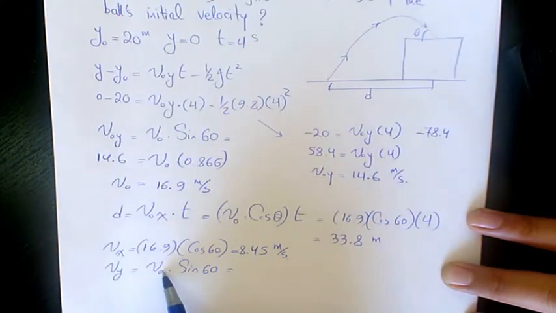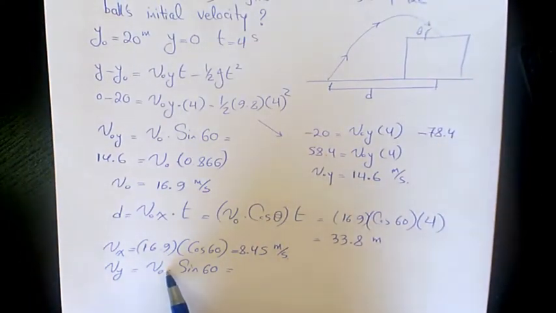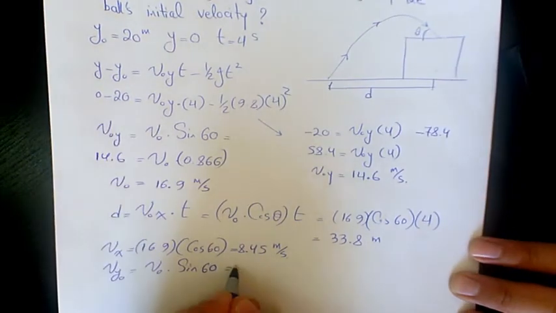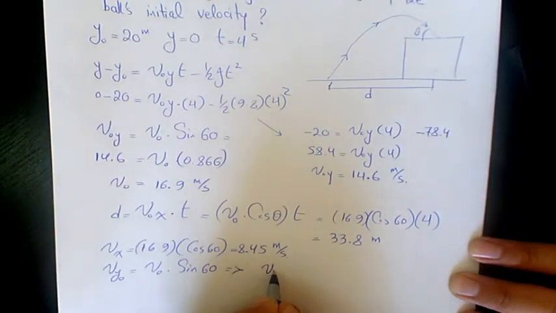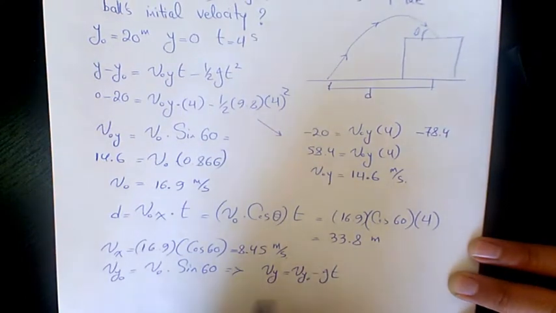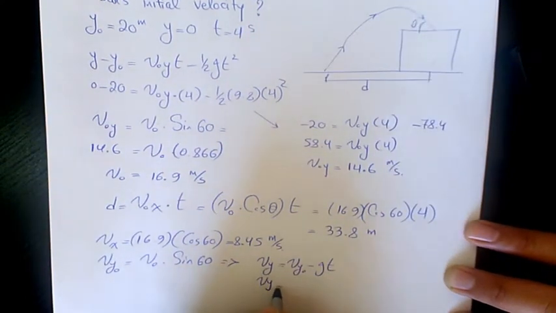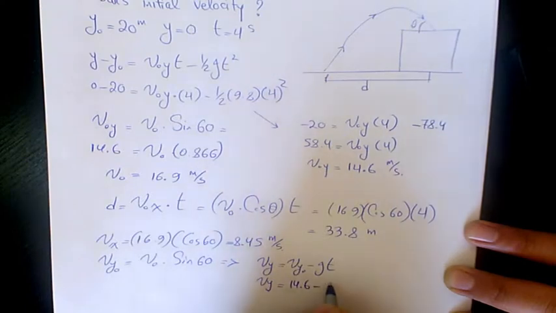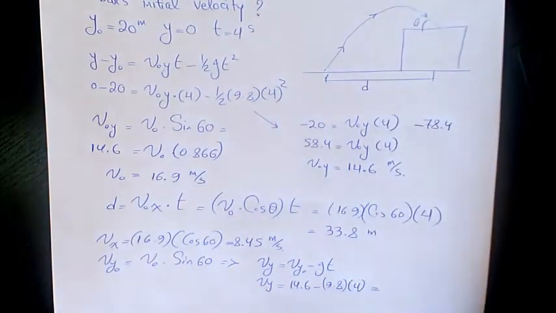For the final one, we need to have Vy equals Vy naught minus gt. So it's going to be Vy equals 14.6 minus 9.8 times 4.